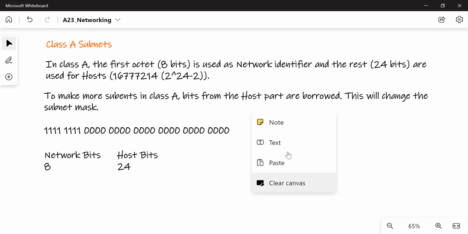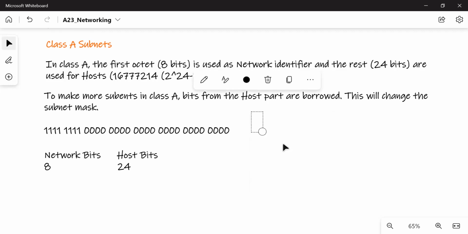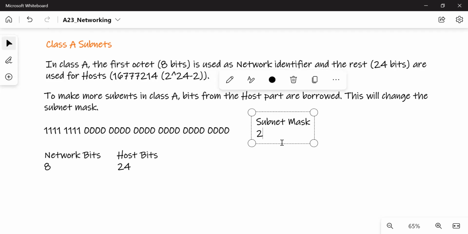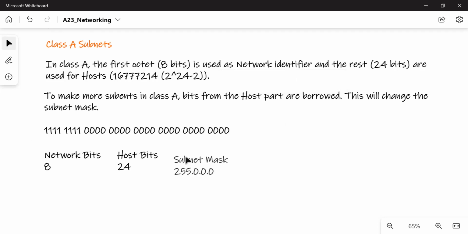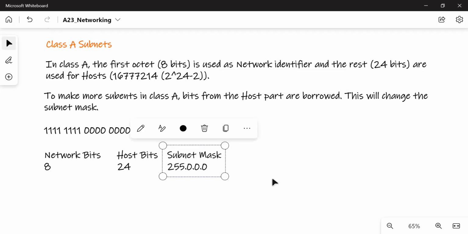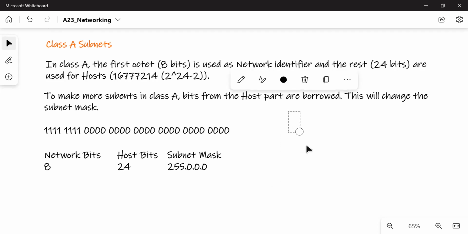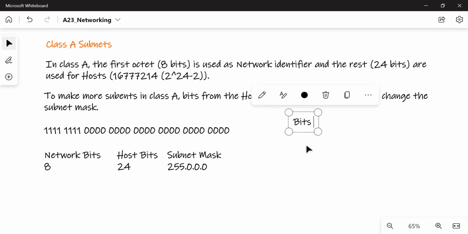Then the subnet mask. We know initially it's 255.0.0.0. That is also clear, right? We already know these things. Subnet mask is 255.0.0.0. We haven't borrowed any bits. So this is the initial state. Bits borrowed.